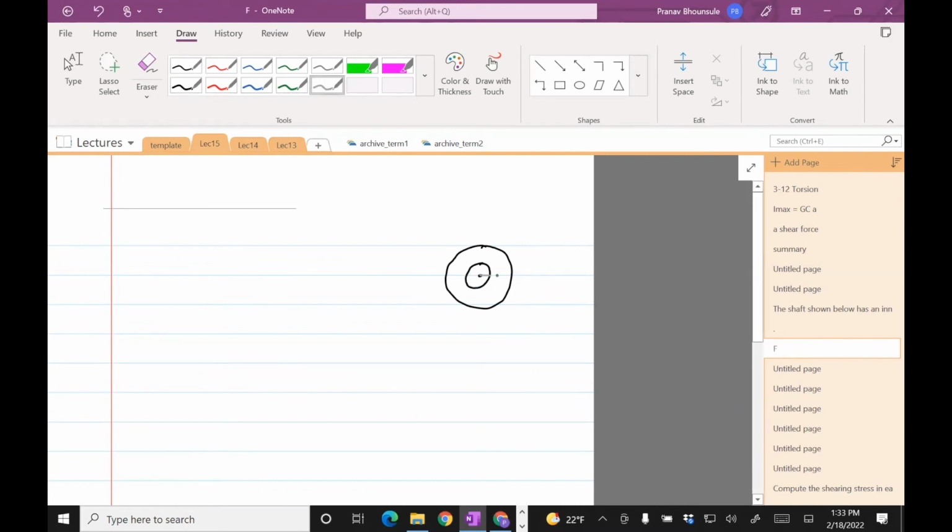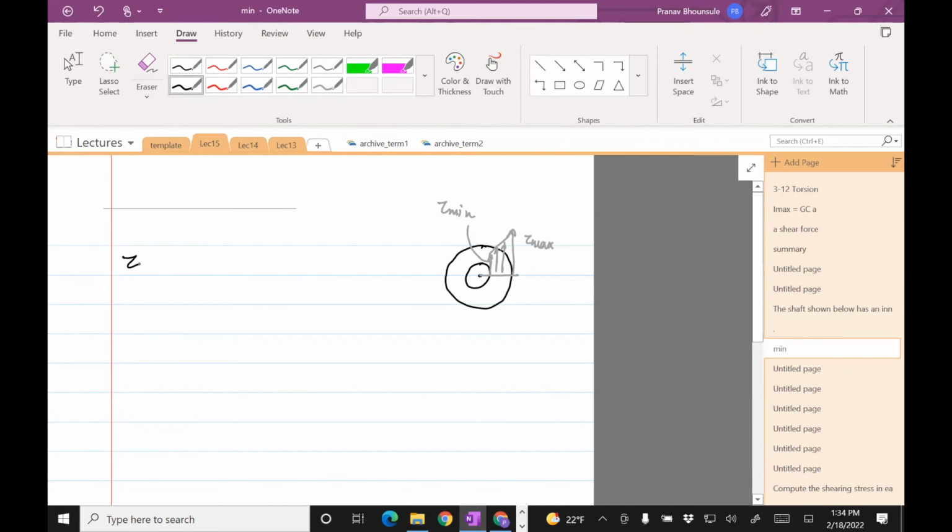Okay, so we know that the way the stress will occur is it will be max on the outer circle, and the minimum on the inner circle. Right? It should be linear like this. That's tau max, that's tau min.